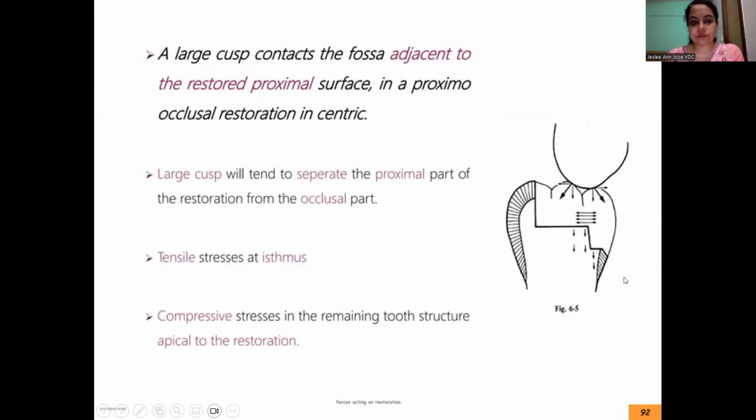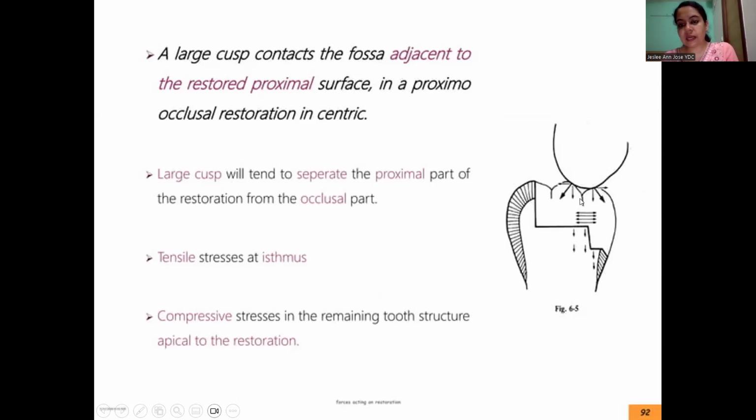So here the large cusp will tend to separate, so you can expect a separation of this proximal surface of the restoration, as there is a tensile stress within the isthmus, and the compressive stress in the remaining tooth structure develops in the apical direction from the apical end of the restoration.